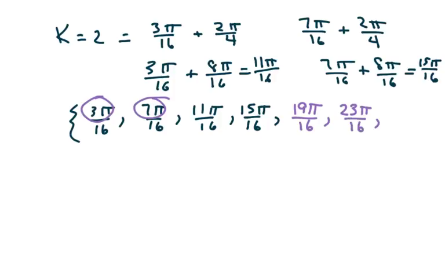I'm not meaning 4 pi, I'm just saying we're just doing our numerators here. We get 27 pi over 16, and then 31 pi over 16. And we can't go any further because that would make us go over 32 pi over 16.